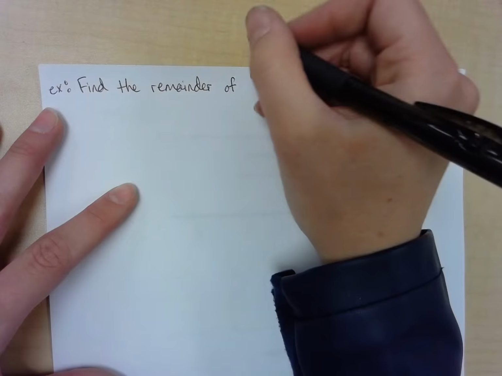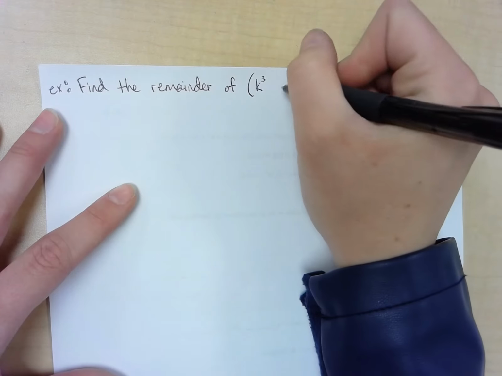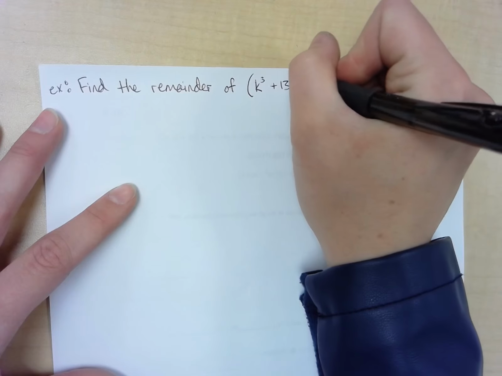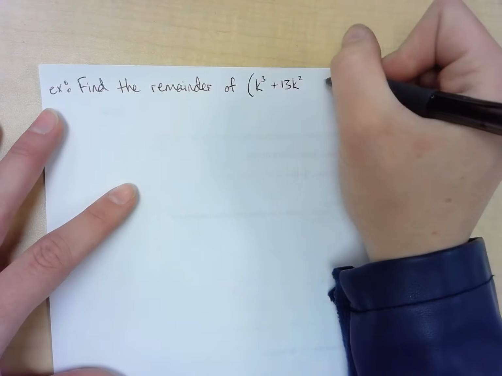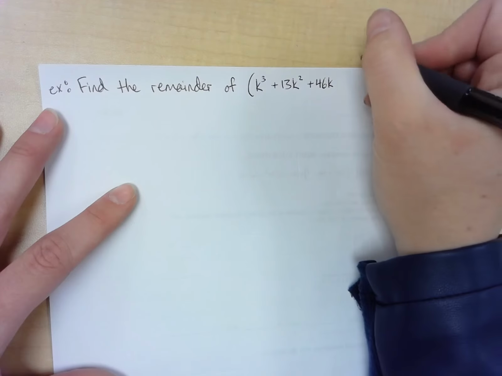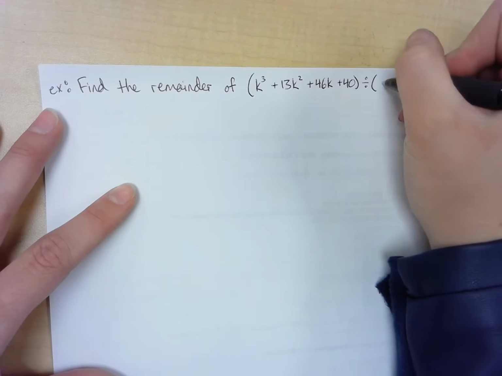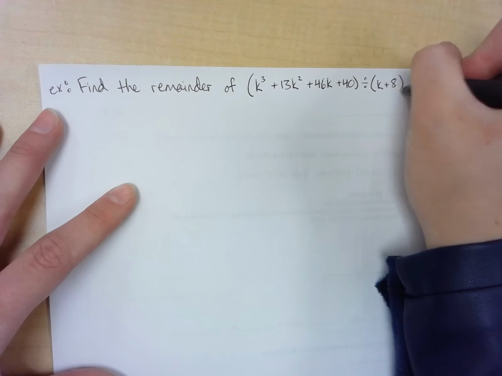Find the remainder of, let's say, k cubed plus 13k squared plus 46k plus 40 divided by k plus 8.